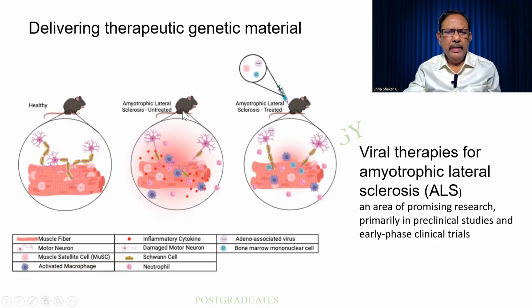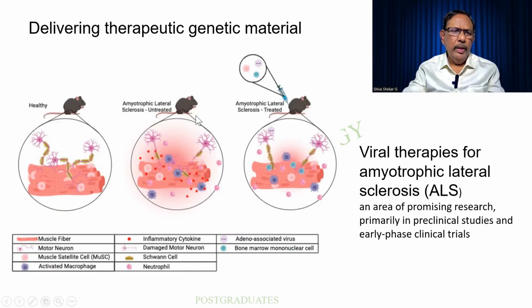So there's a rat that is sitting over here, and the theme is viral therapy has been used for it, though it is in the research stage for amyotrophic lateral sclerosis. See what is happening over here. These are all the normal ones, the healthy ones that are shown in this picture.